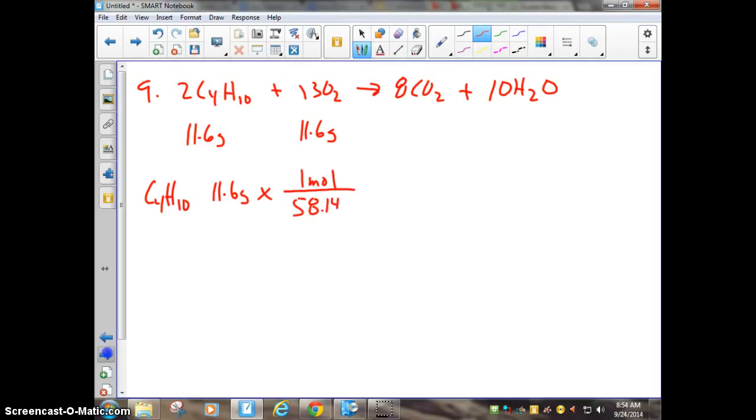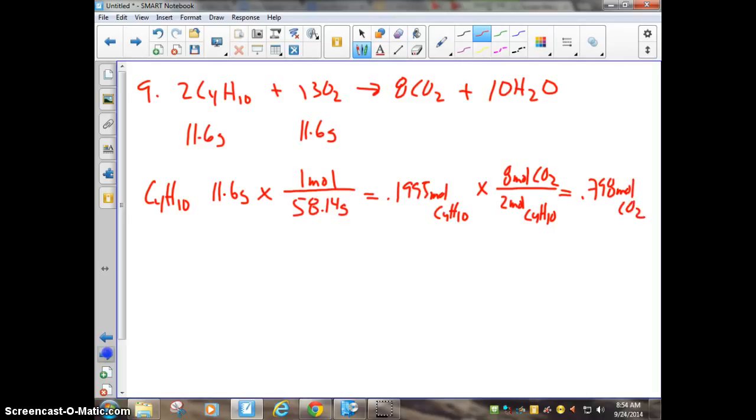So I came up with a mass of 58.14 grams, which gave me 0.1995 moles of butane. But again, I need to know how many moles of product it would yield, and it's going to give me 8 moles of CO2 for every 2 moles of butane. So that's going to be a factor of 4, or this is going to increase to 0.798 moles of CO2.